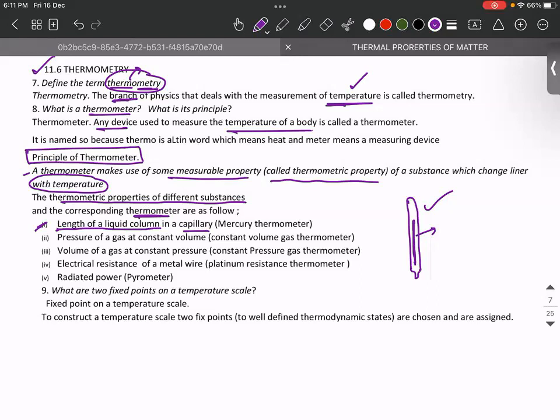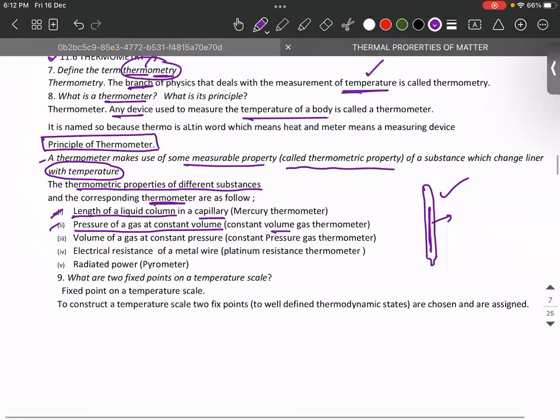Second is the pressure of a gas at a constant volume. This is with respect to a thermodynamic parameter. There is something called a constant volume gas thermometer. Third depends on the volume of a gas at a constant pressure, which is called a constant pressure gas thermometer. Then we have the platinum resistance thermometer, which uses the electrical resistance of a metal wire.